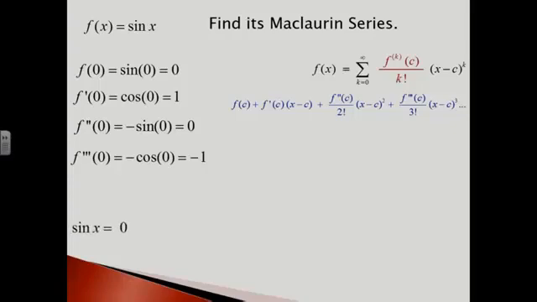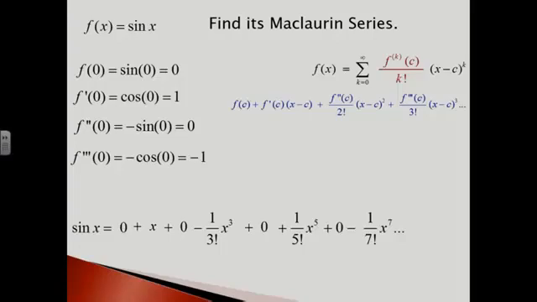So sin x equals 0 plus x plus 0 minus 1 divided by 3 factorial multiplied by x to the power of 3 plus 0 plus 1 over 5 factorial x to the power of 5 plus 0 minus 1 over 7 factorial multiplied by x to the power of 7.